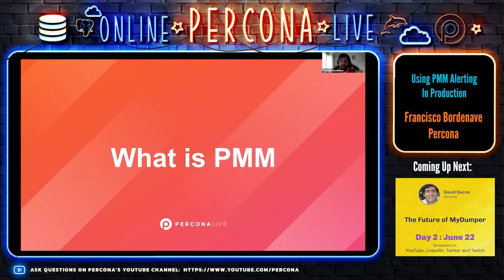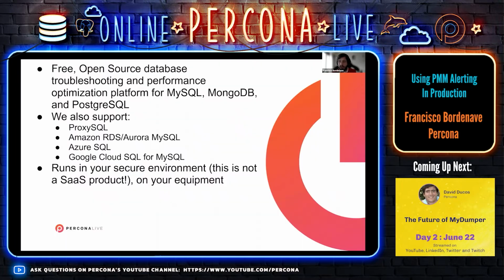So what is PMM? PMM is the Percona Monitoring and Management platform. It's a free and open source database troubleshooting and performance optimization platform, especially designed for databases like MySQL, MongoDB, and Postgres. It is designed by DBAs and for DBAs. It also supports tools like ProxySQL.